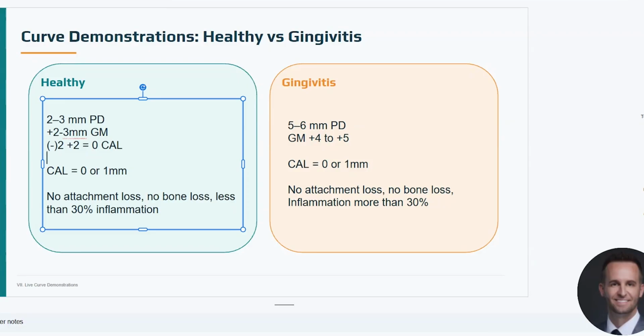So we can have up to 30% of inflammation throughout the mouth. We've got a few bleeding points, a little bit of plaque in some places. The anterior mandibular teeth on the lingual bleed a little bit as you're probing. That's okay. They're still a healthy patient. There's a range of healthy.